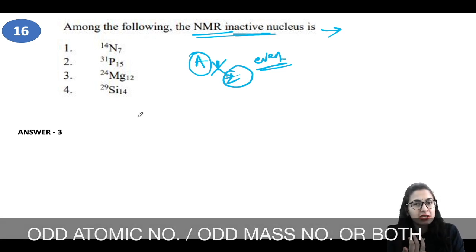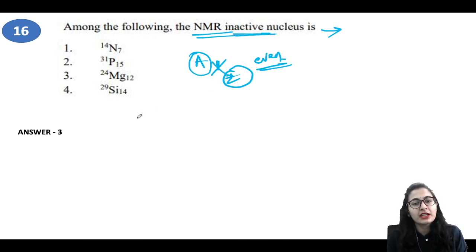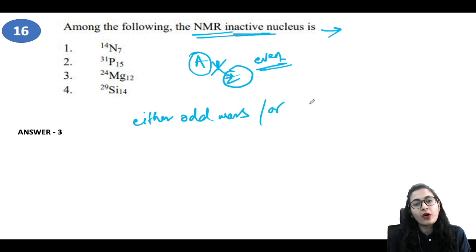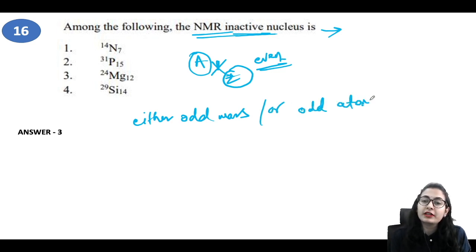Either odd mass चाहिए या odd atomic number चाहिए. So the nuclei should have either odd mass or odd atomic number. Alright, so these are the two necessary conditions.